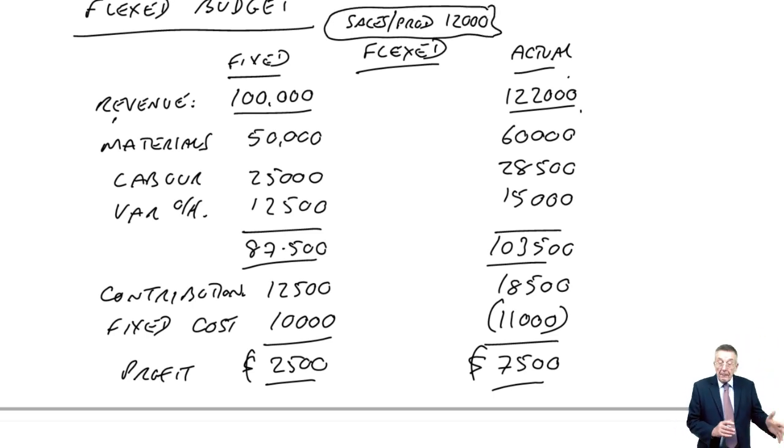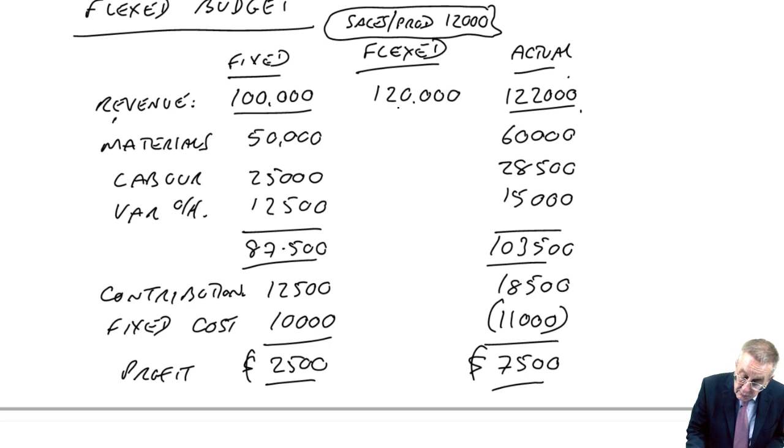And so we use the standard costs that we had originally. But we say if the original budget had been done on 12,000 units, what figures would we have had? What about revenue? The budgeted selling price was $10. Given I sold 12,000, 120,000 is the revenue we expect now.